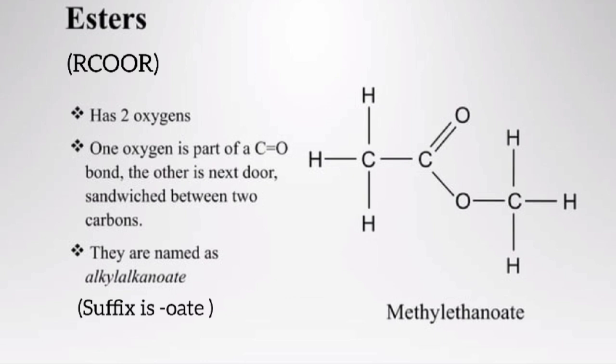So there are 2 oxygen atoms in the case of esters. The suffix used in the case of ester is OATE. That means if you find an ester group in the hydrocarbon chain, the name of that compound will end with this particular suffix, that is OATE. As you can see in this example, methyl ethanoate.